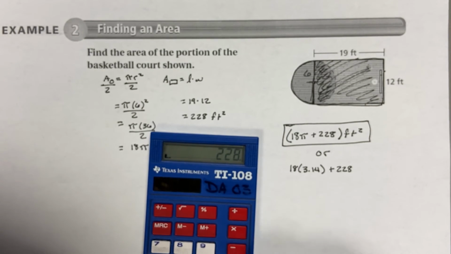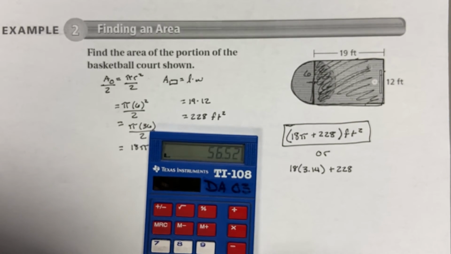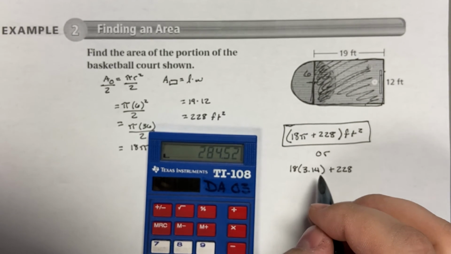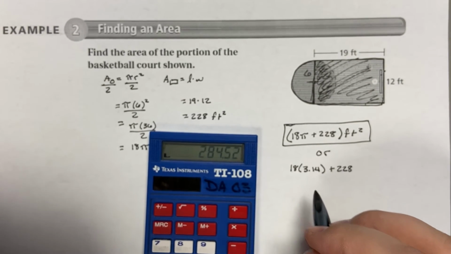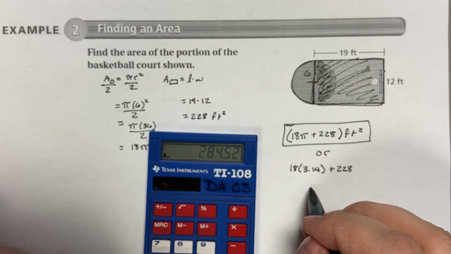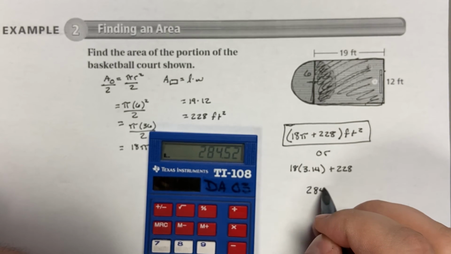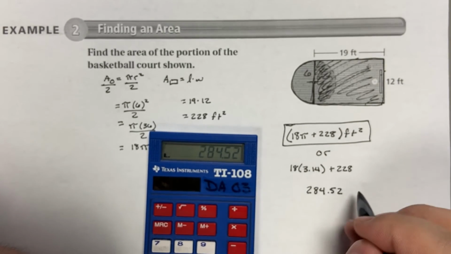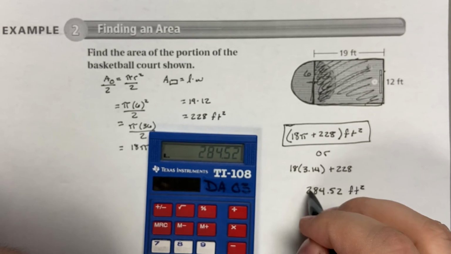So I'm going to clear off my last answer, hit 18 times 3.14 equals, then add my 228. If I want just a number, and this is my personal preference, it's 284.52 feet squared.